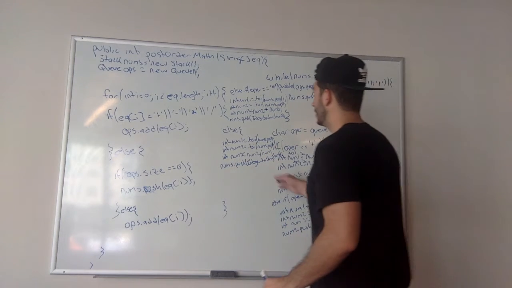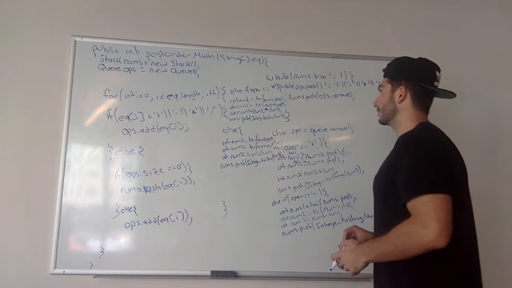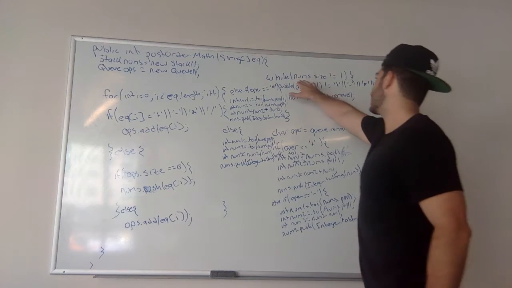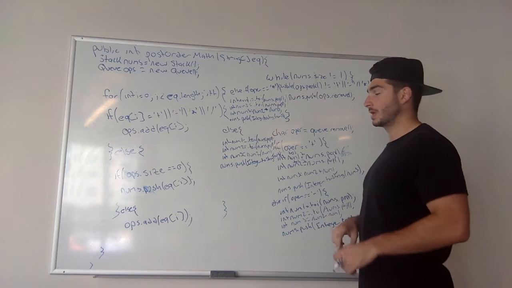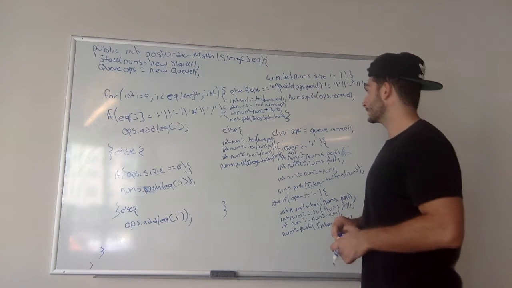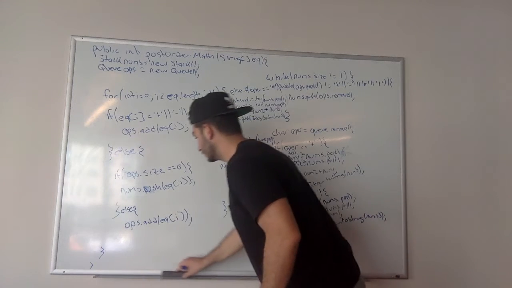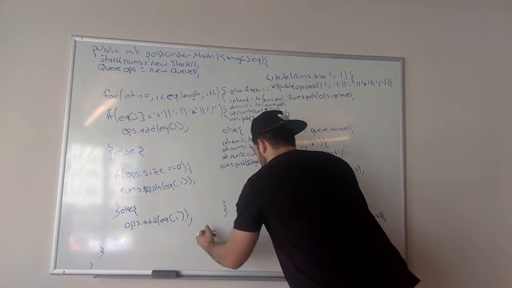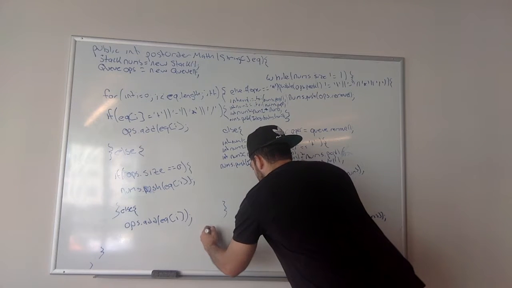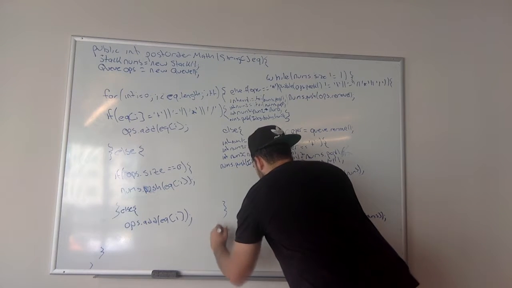And then, so now we've handled all of our operators. So once we get down to the stack of size 1, we're just going to quit out of the loop, and we're going to create an integer, and we'll call it res for result.